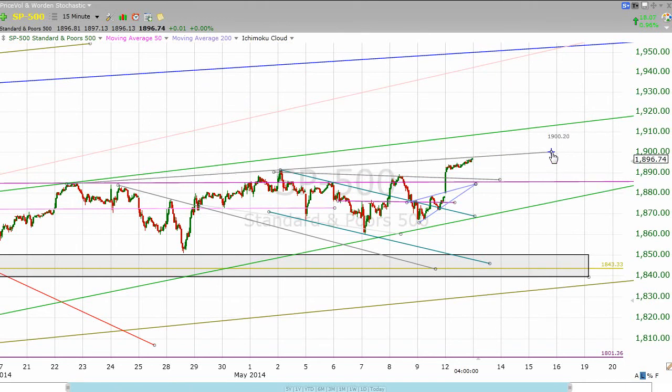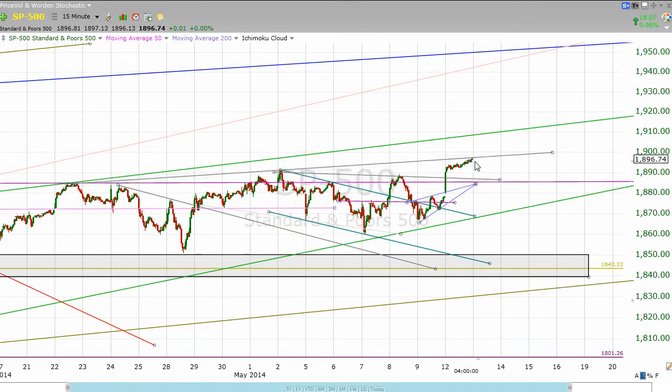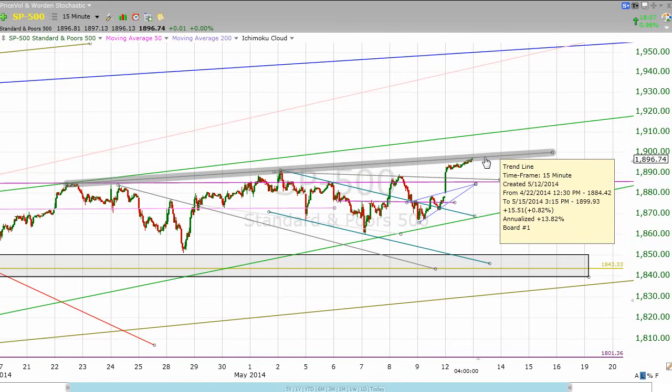But you can see this line right here happens to end up right where the S&P closed today at roughly 1896. So I would keep my eye on this.